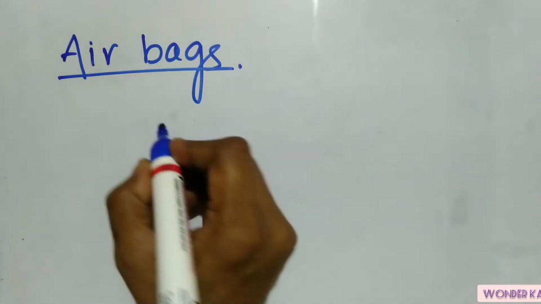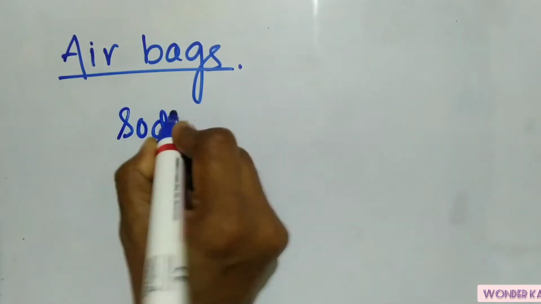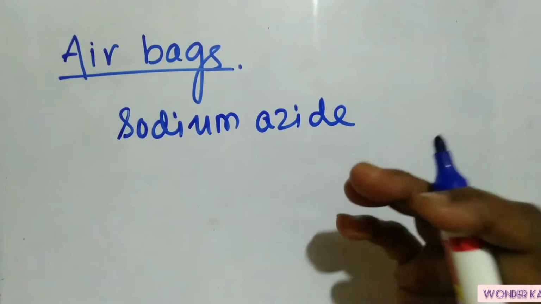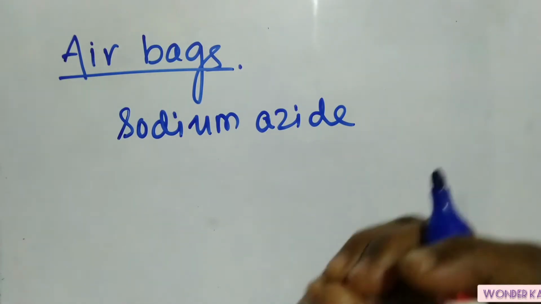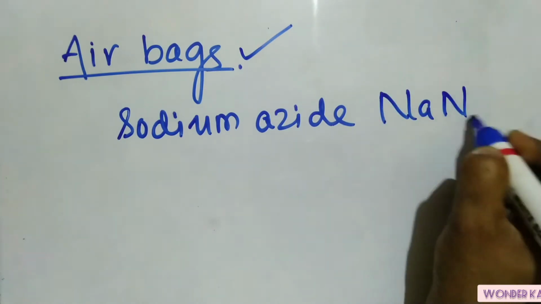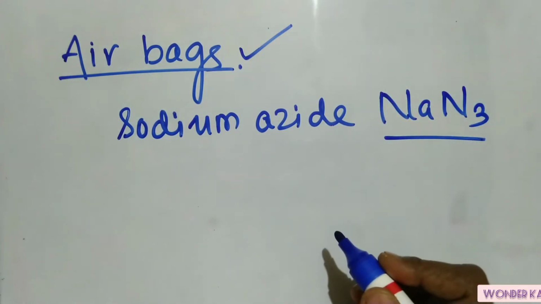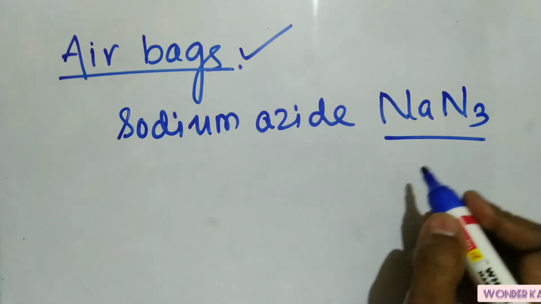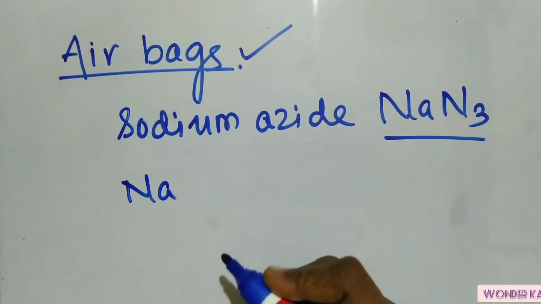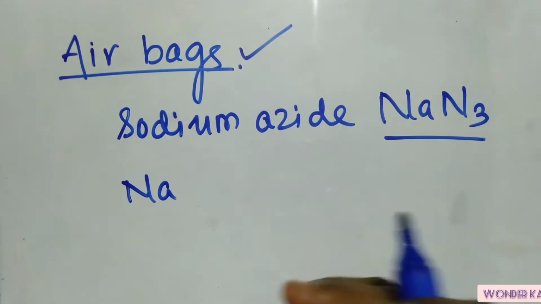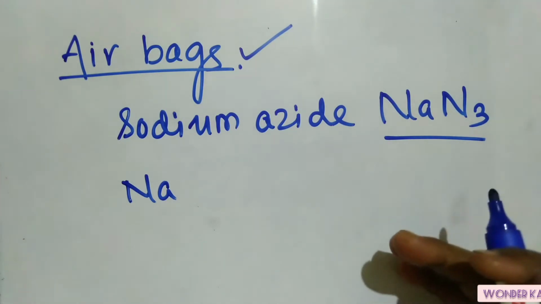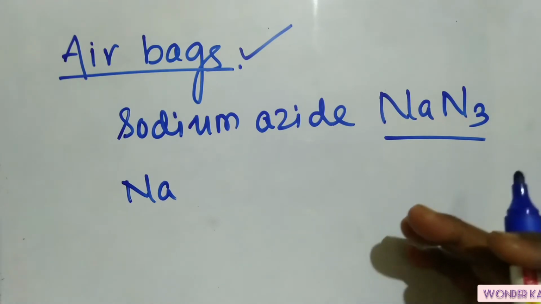Actually, one chemical, sodium azide, is kept in an appropriate amount inside the folded airbags. After decomposition it gives nitrogen gas. The decomposition takes place during the collision, and the amount of nitrogen is sufficient to inflate the airbags fully.